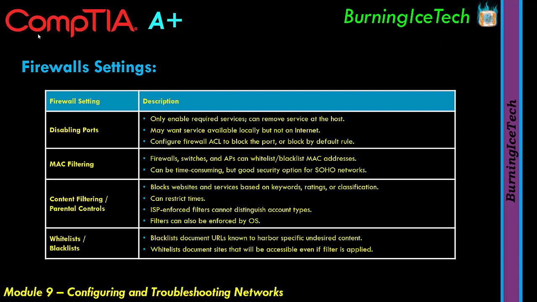That falls more under parental controls. So Windows 10 actually does have the ability to enforce times. So if you've got kids in your house, you can specify times of day when they're allowed to use the machine. So maybe you only want to allow them to use their machine between 4 o'clock in the afternoon and 6 o'clock in the afternoon. So they can do it every day, as long as it's between 4 o'clock and 6 o'clock.